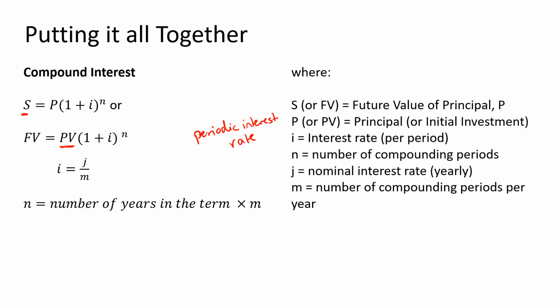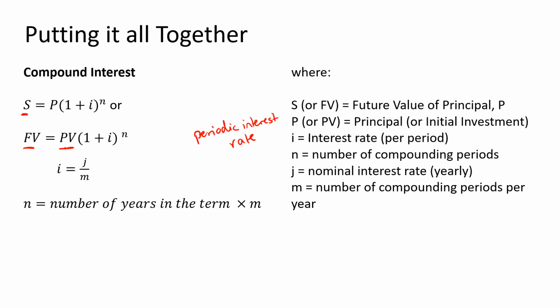Multiplying them all together, I like using the term FV for future value. So the second way to see this formula, again, these are the same formulas, is that your future value is equal to your present value times 1 plus the periodic interest rate, I, raised to the exponent n.